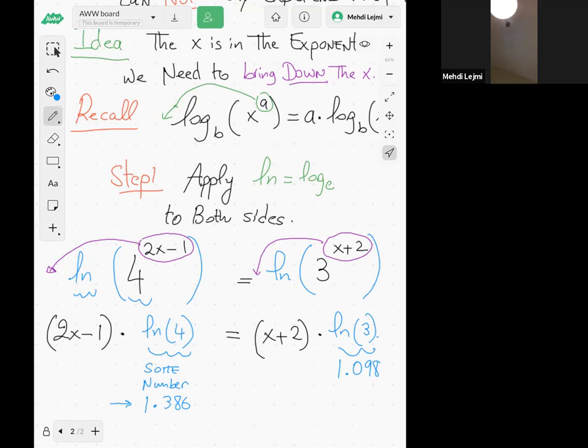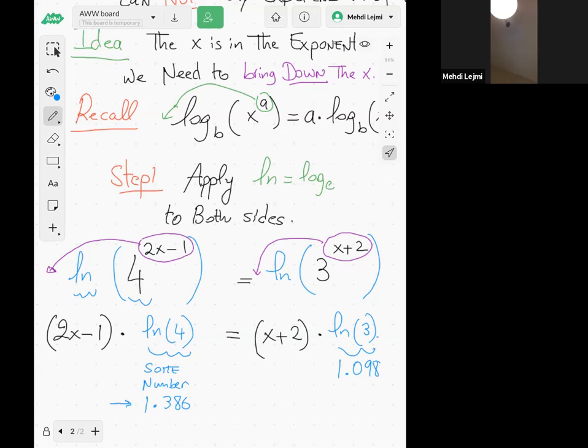It's a more compact way to describe the number, I would say. But again, just think of natural log of 4 as a number, okay?